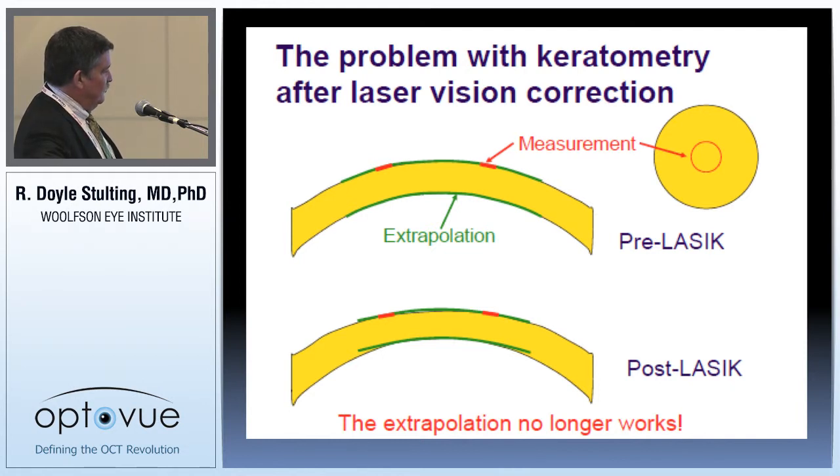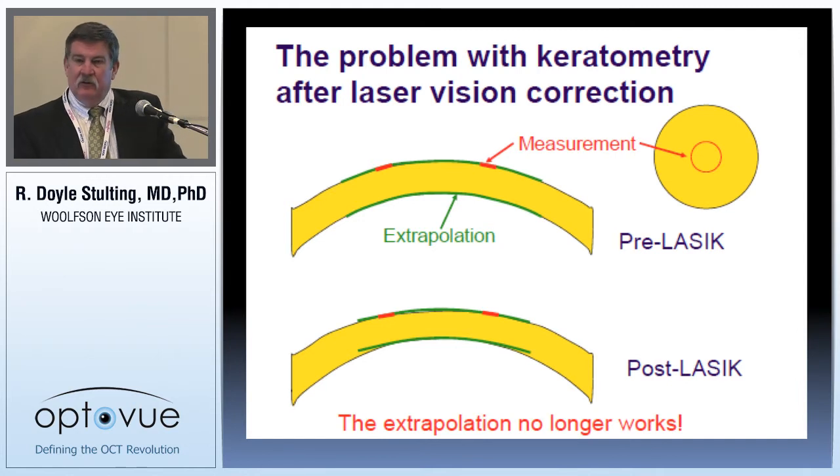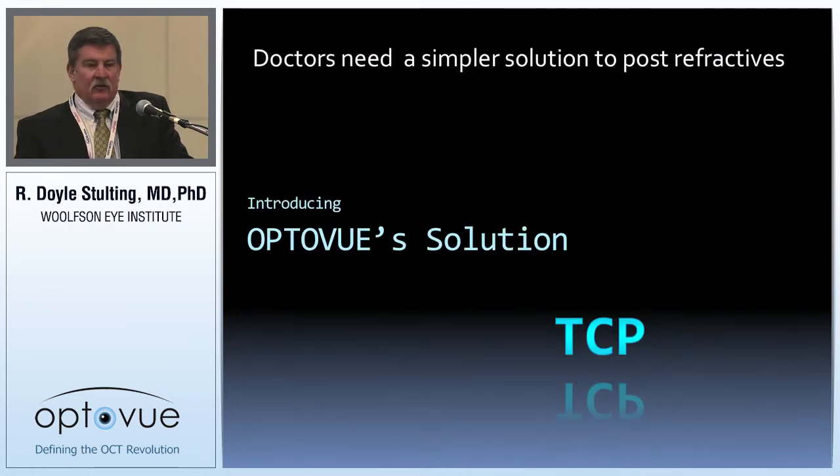So if we take a patient who has had myopic LASIK, the anterior surface is going to be flatter than what it was preoperatively, but the posterior surface will be largely unchanged. And therefore, we have difficulties in determining the corneal power for intraocular lens power calculations in these patients. So this is a good place to start to utilize the capabilities of the Optovue to solve our problems.